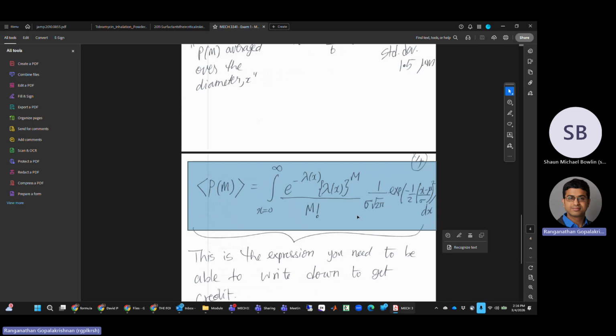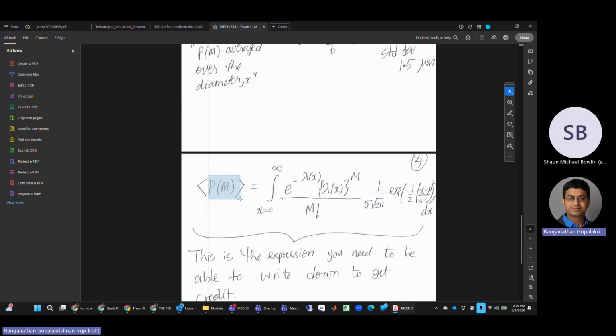But this is it. This integral, if it is set up correctly, means you understand what it means to calculate this probability, considering the fact that the droplet diameter itself can change over a range of values. It's not a fixed number like 15 microns. That's the understanding I want you to demonstrate.